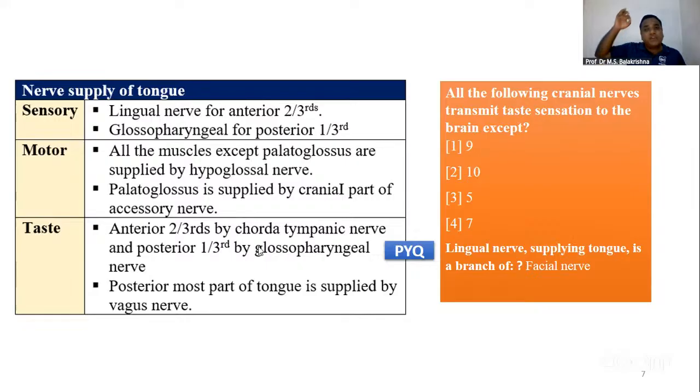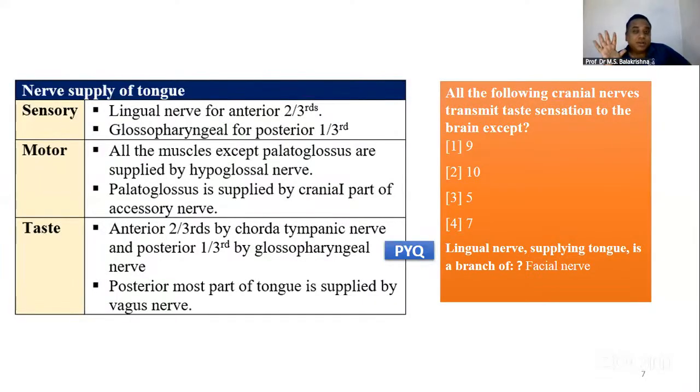This is the facial nerve branch, which is special sensation. So that is basically the taste buds and all. And posterior one-third is by glossopharyngeal nerve. In the posterior most part, vagus, that is your 10th cranial nerve. So you have got lingual nerve, the 5th cranial nerve, glossopharyngeal, the 9th cranial nerve, hypoglossal, the 12th cranial nerve, accessory, the 11th cranial nerve.